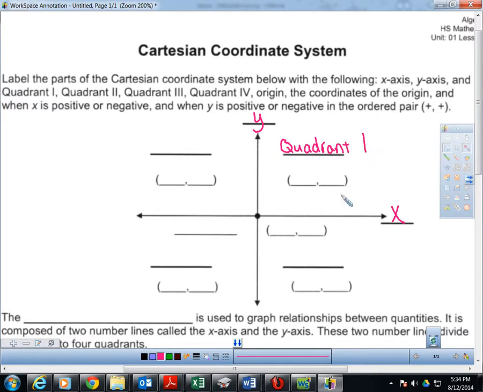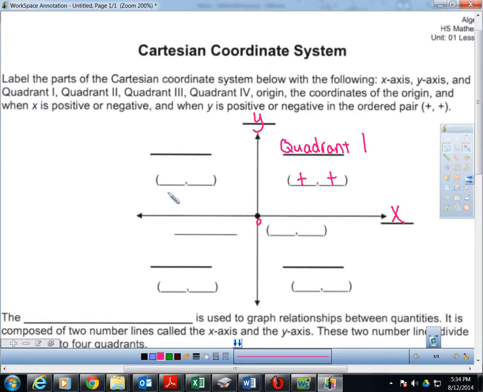And what quadrant 1 means is that all of your values are going to be positive and positive. Your x's and your y's, if you have points, are going to be positive. That's because this is 0, and your numbers get bigger this way. And then this is also 0 on your y-axis, and your numbers get bigger this way. So all of your numbers are positive, positive.